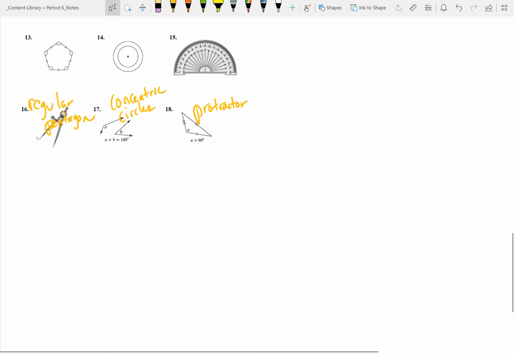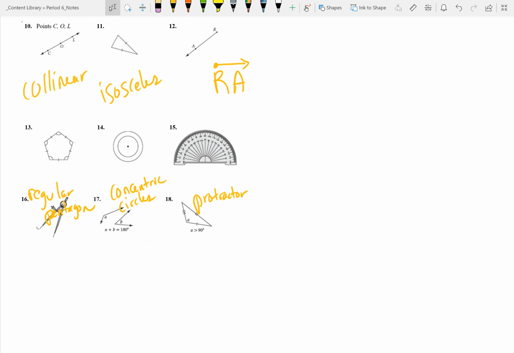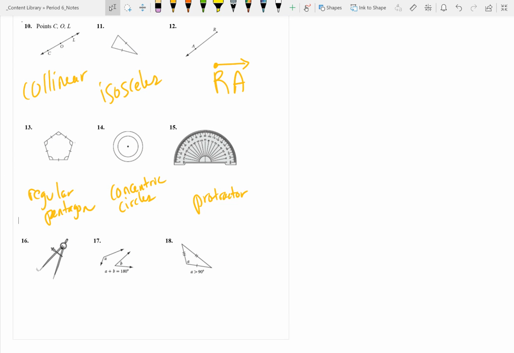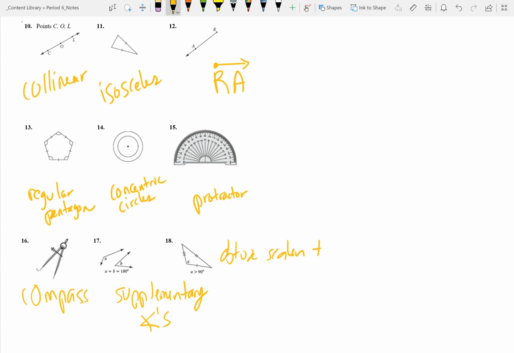And then going down to here, we have, like we did last time, a compass, supplementary angles, and obtuse scalene triangle.